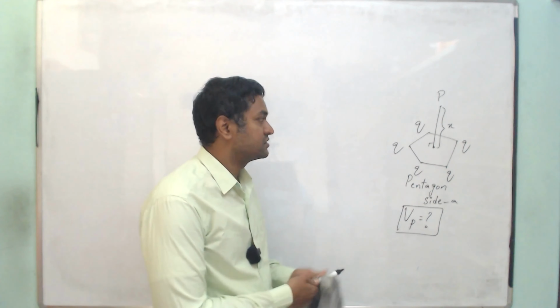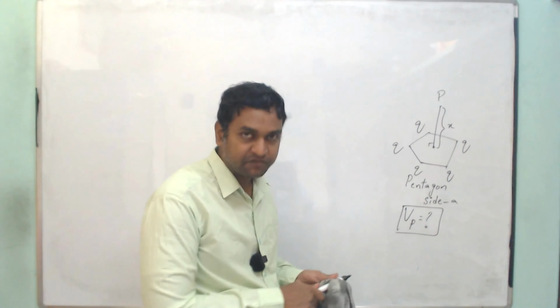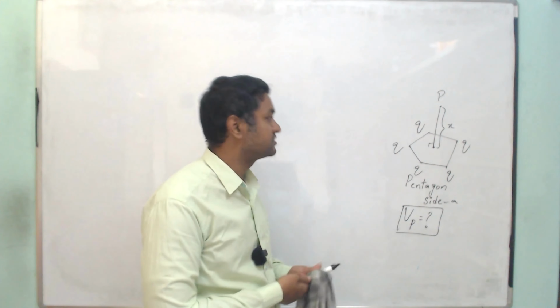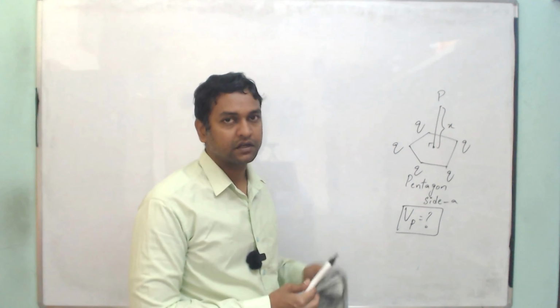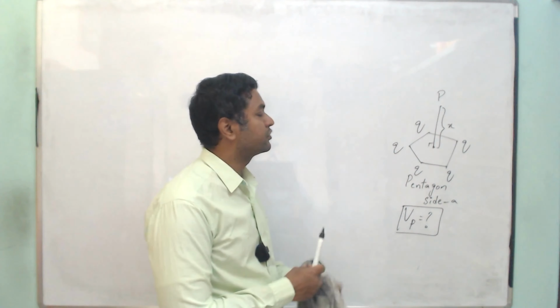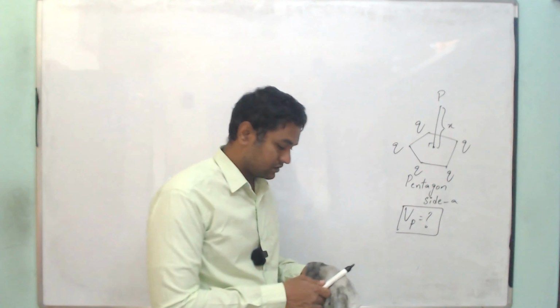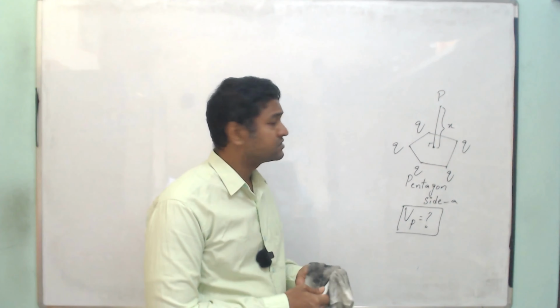There is no charge at point P. The 5 charges are placed at the vertices of the pentagon. Find the electric potential due to these charges at point P.